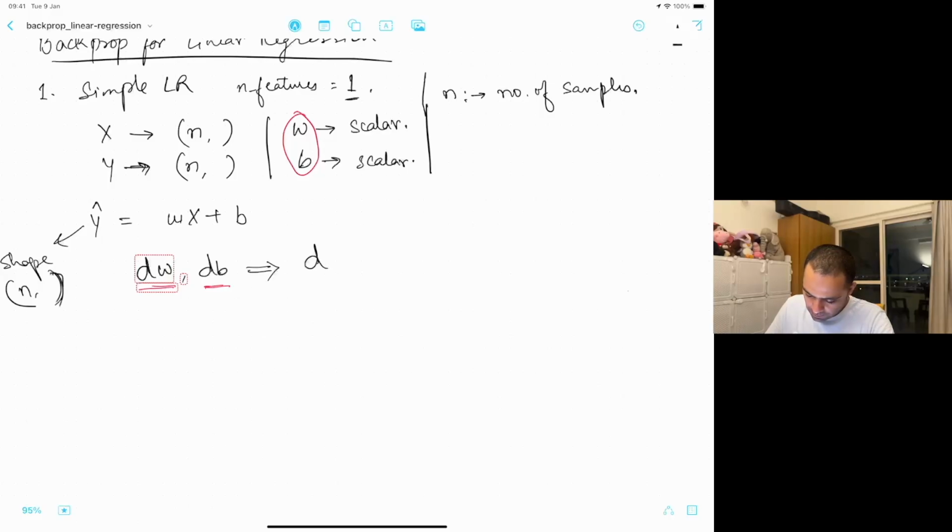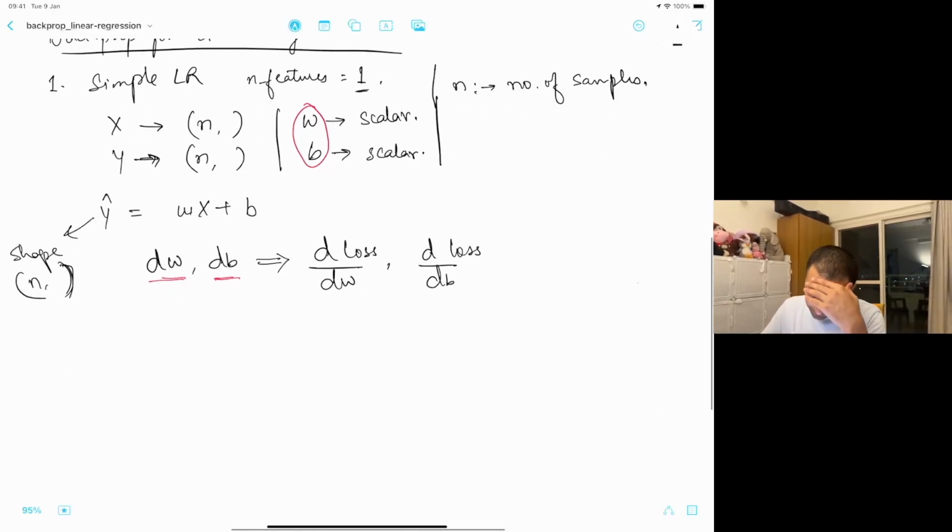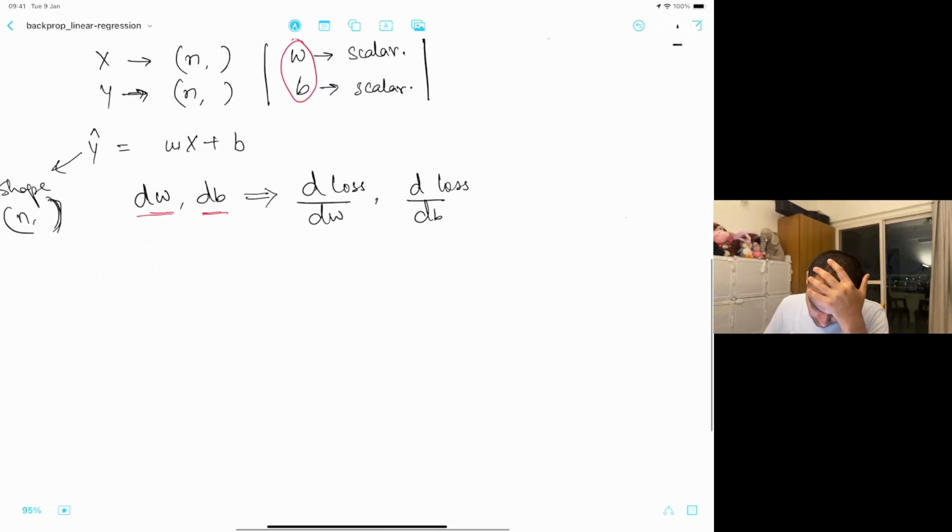These are nothing but the derivative of loss with respect to w and the derivative of loss with respect to b, the bias. So first we'll have to calculate the loss.